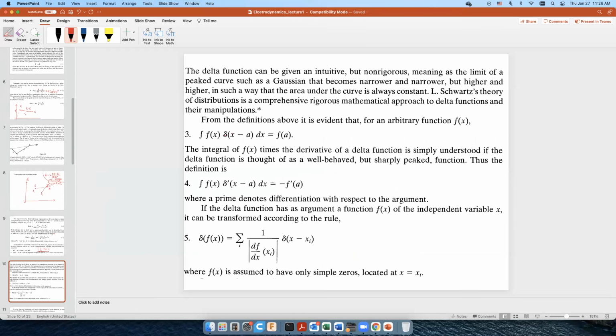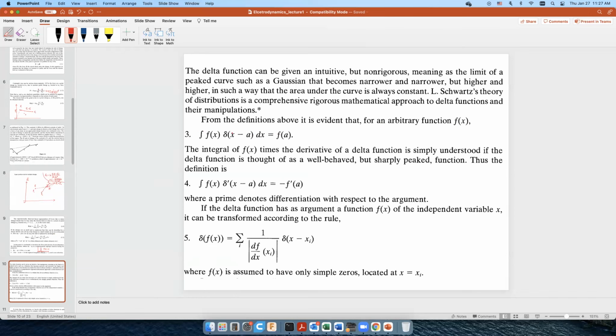And then for an arbitrary function f(x), if you do an integral of f(x) times the delta function in x, it equals f(a) if the integral is in the region which includes x equals a. Otherwise, it's 0. So this is understandable.